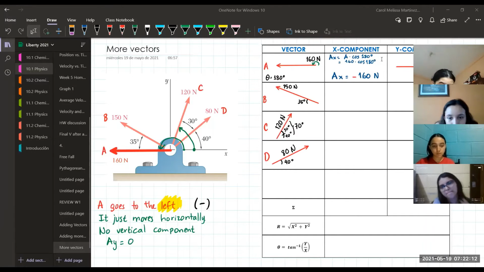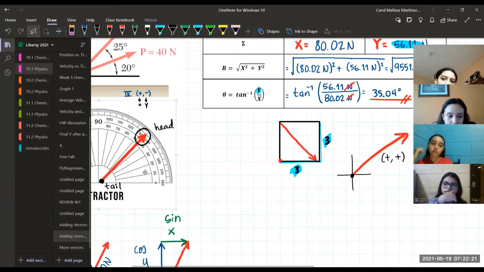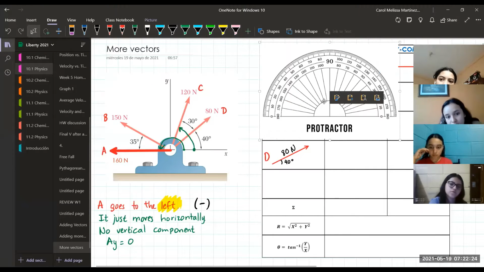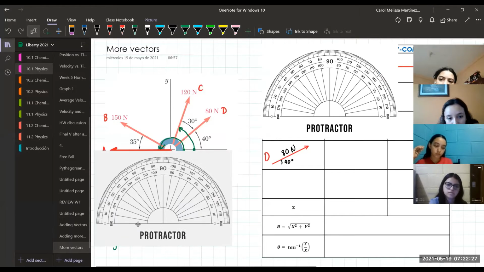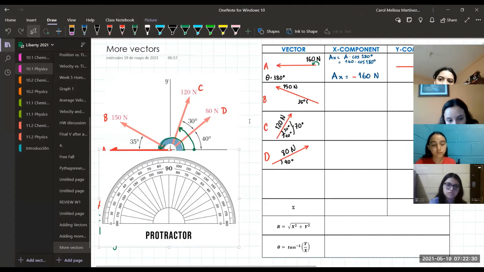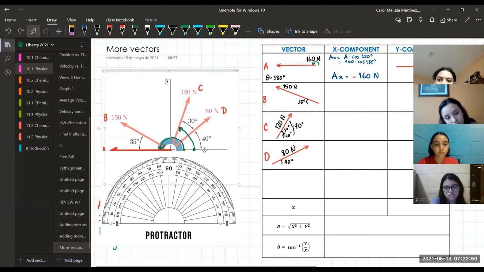Miss, will you explain again how to find the angle? Okay, remember that you have this thing, your protractor. So I measure my angle from my positive x-axis to the place where I have located my vector.